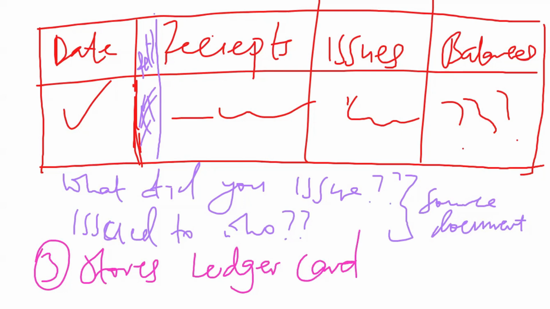This one looks exactly like the bin card, but the only difference is that we have a column for monetary values. In other words, we have to put a column for amounts. So this will later turn into a store ledger account. This is the one that we finally call a store's ledger account.